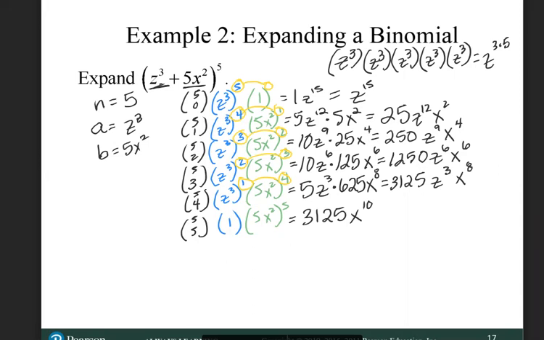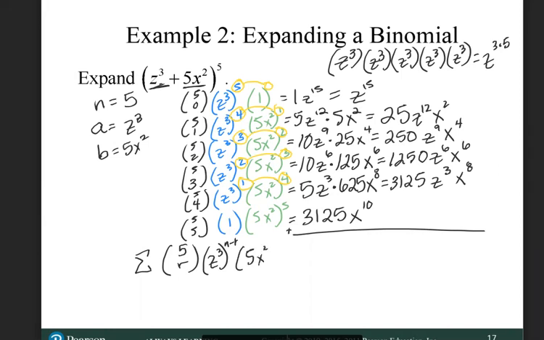Okay. Now we're going to add all of these up. So really what we're doing here is we're finding the summation of 5 choose r, z cubed to the n minus r, 5x squared to the r from r equals 0 to 5.